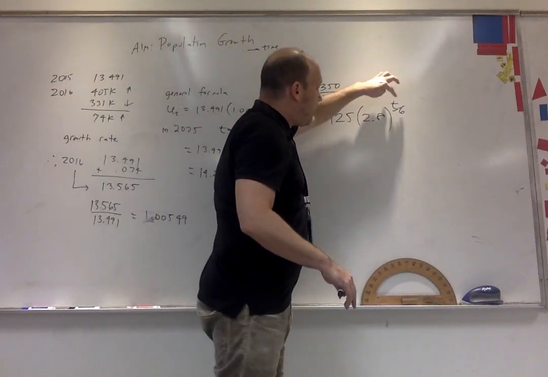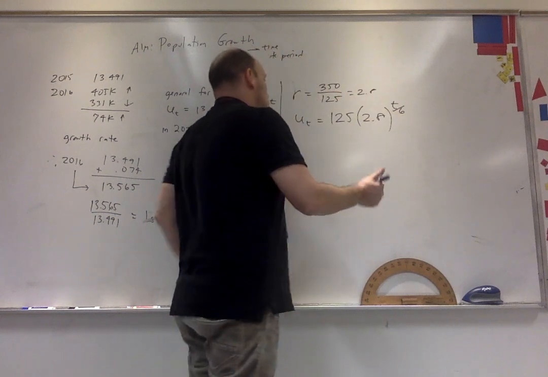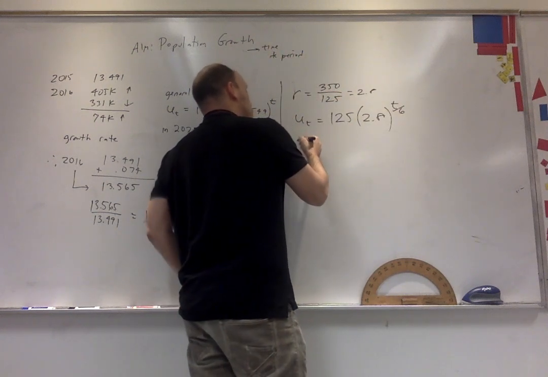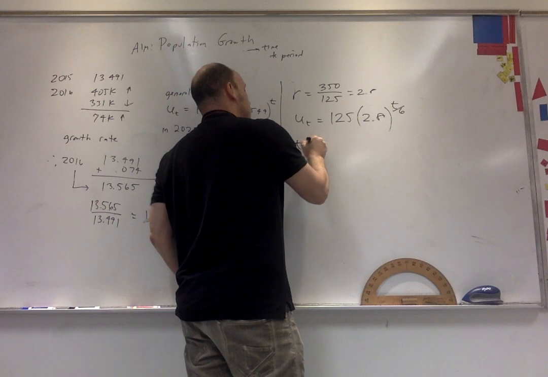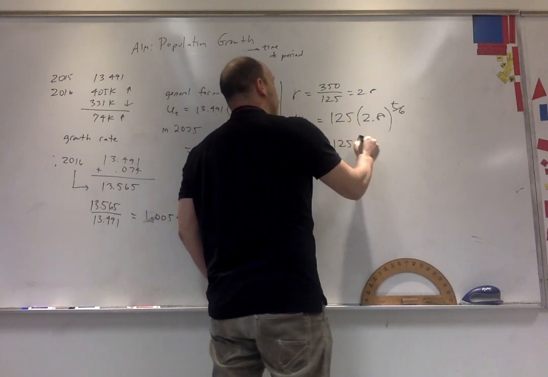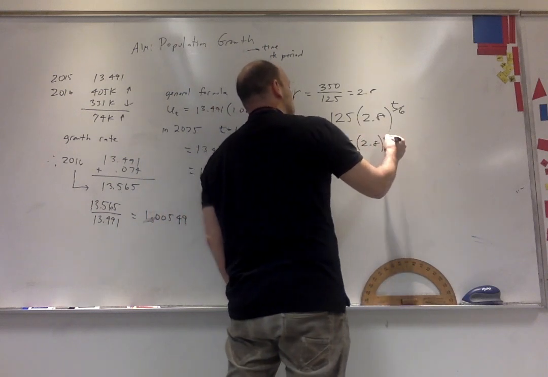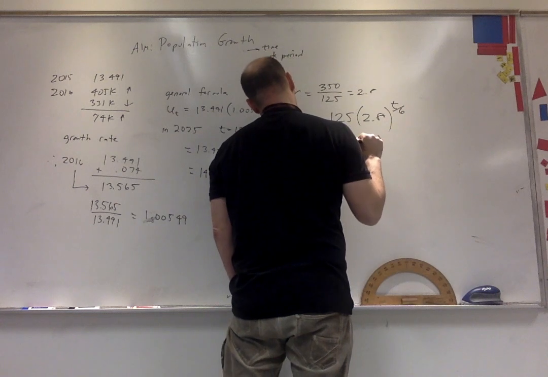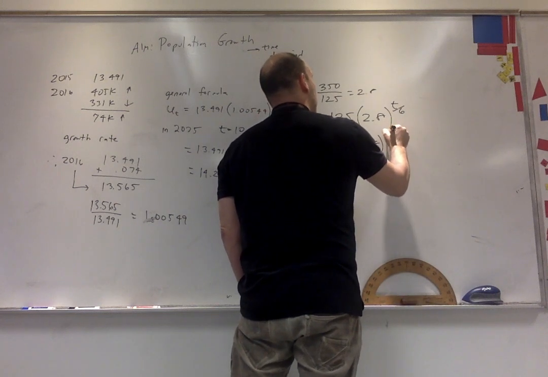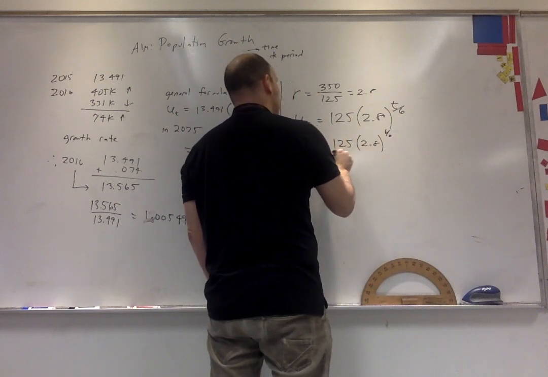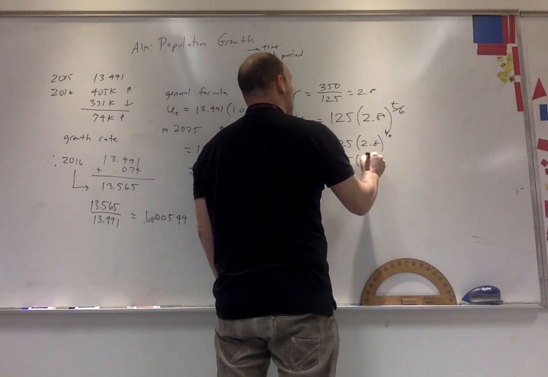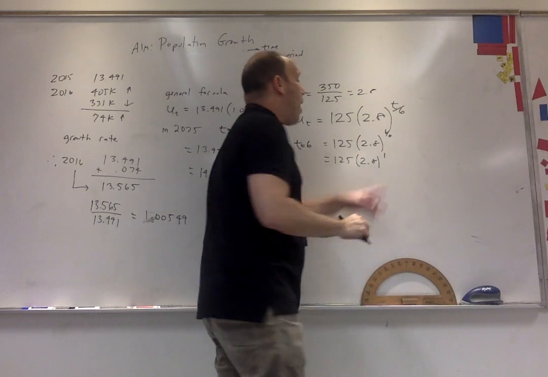So if t equals 6, I have 125 times 2.8 to the 6 divided by 6, which is simply 125 times 2.8 to the first power.